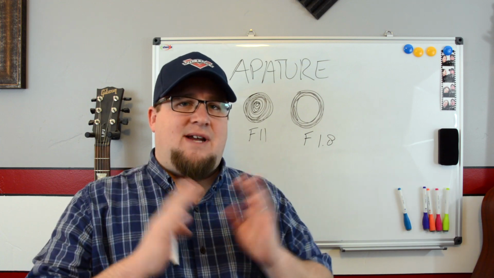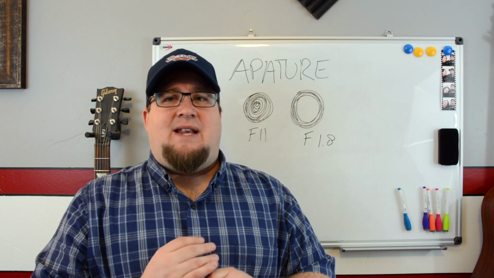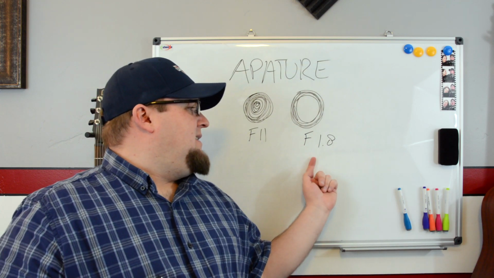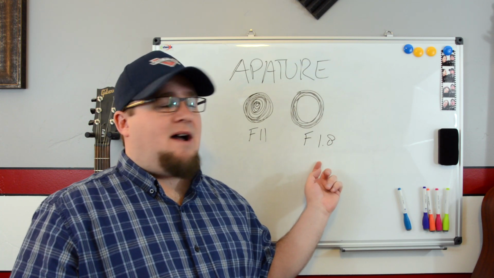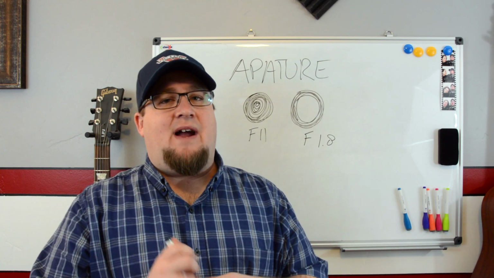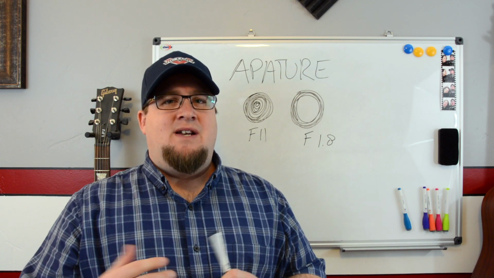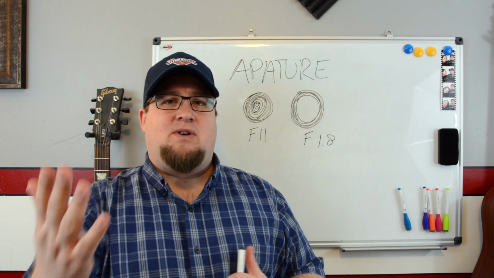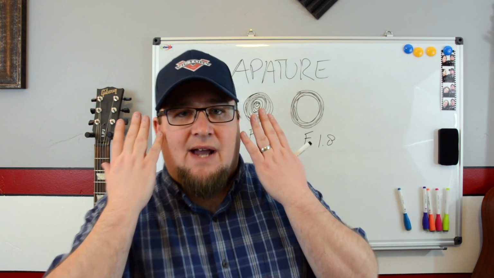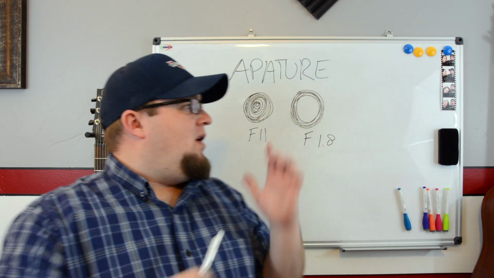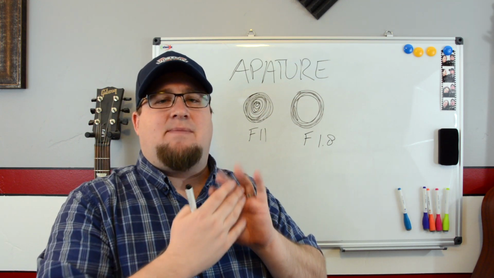So a narrow depth of field would mean that you're shooting at a lower f-stop, letting in more light. If this video were shot at 1.8, my face would be in focus here, but it would be out of focus here, and the wall would be out of focus with this narrow depth of field.